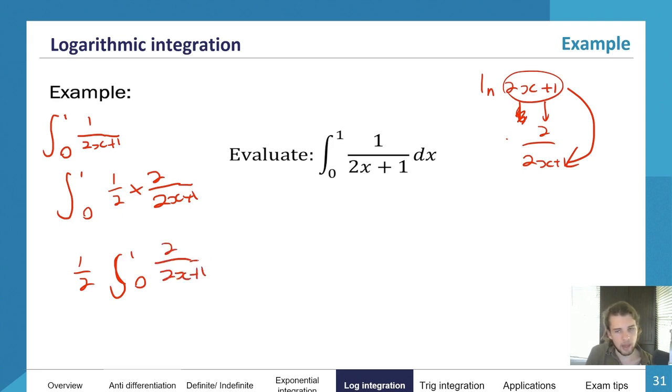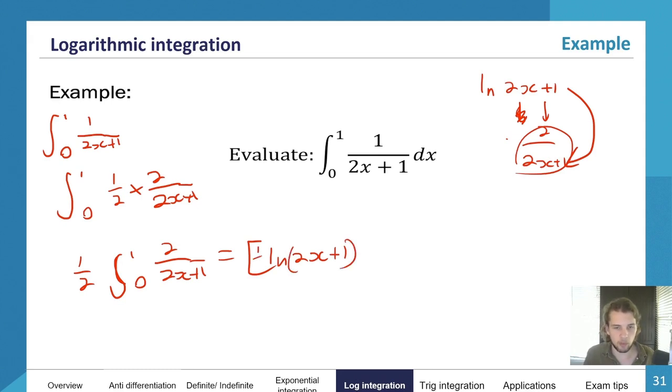And now we're looking like we're in the right form. So we can utilize this logarithm that we hypothesized would be related. And we can't forget our 1/2 as well.